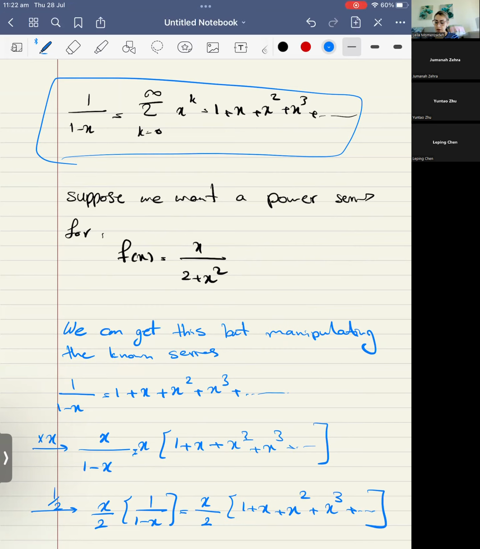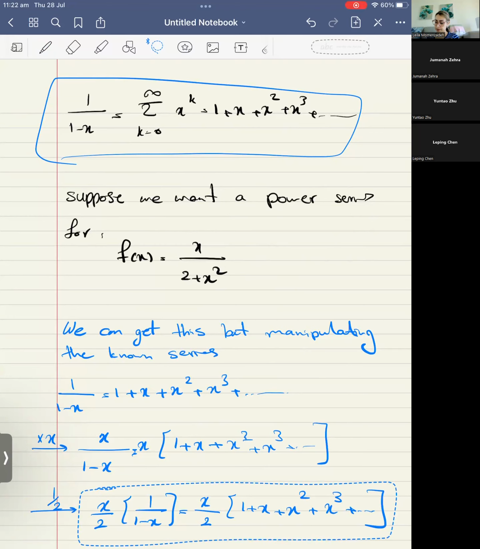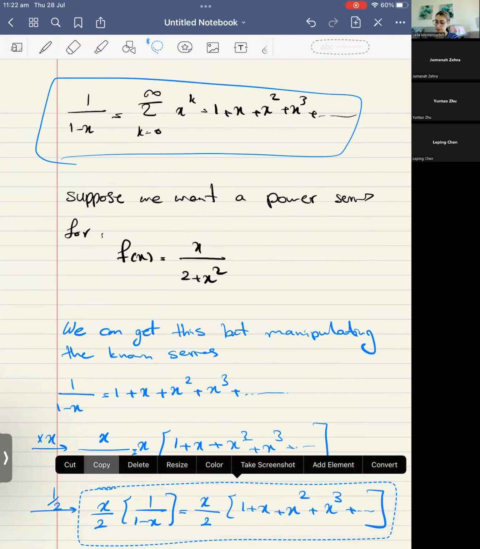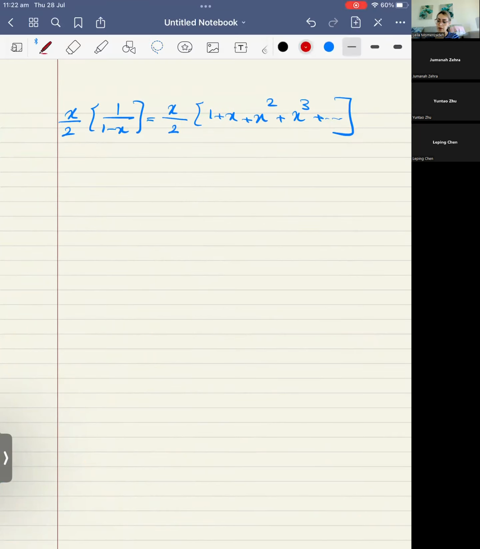Now for this one, I want to plug in minus 1 over 2 x squared into x.